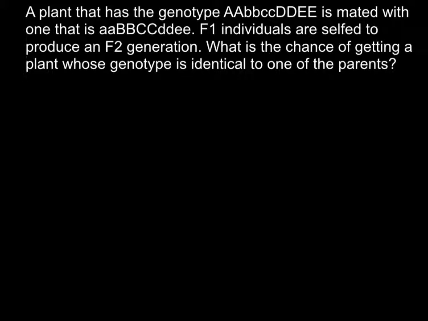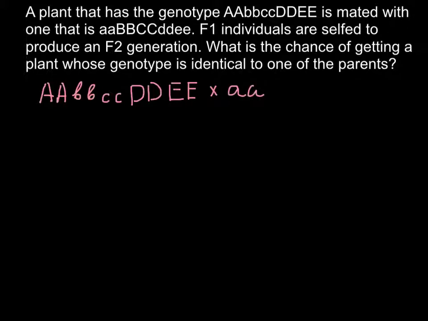So we have one parent whose genotype is capital A, small b, small c, capital D, and capital E. And we cross it with another parent whose genotype is small a, capital B, capital C, small d, and small e. So this is going to be parent 1, and this is going to be parent 2.